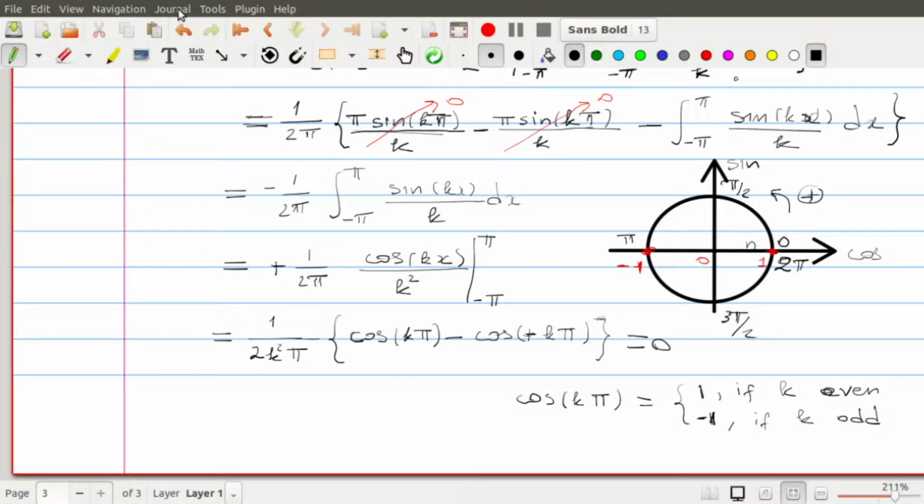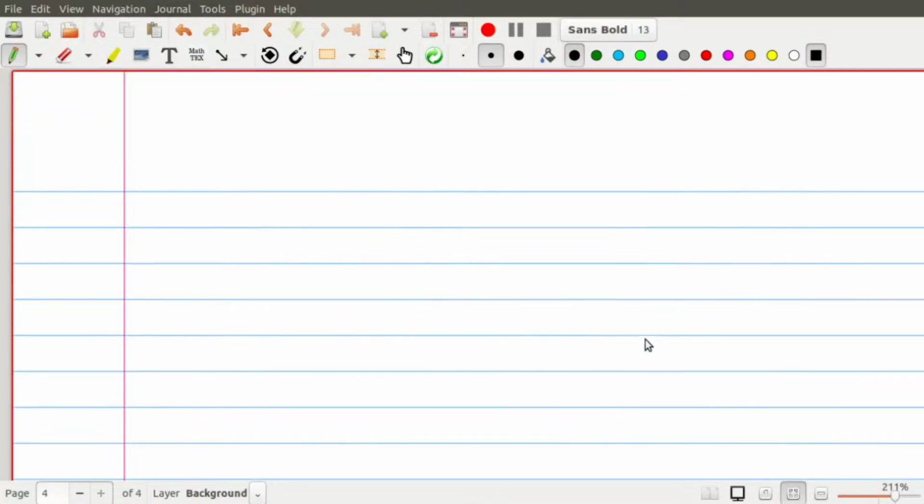So for bk, we can write the formula: bk is equal to 1 by pi times the integral from -pi to pi of f of x sine kx.